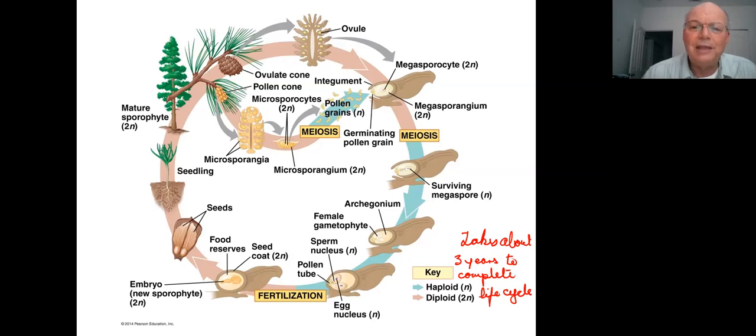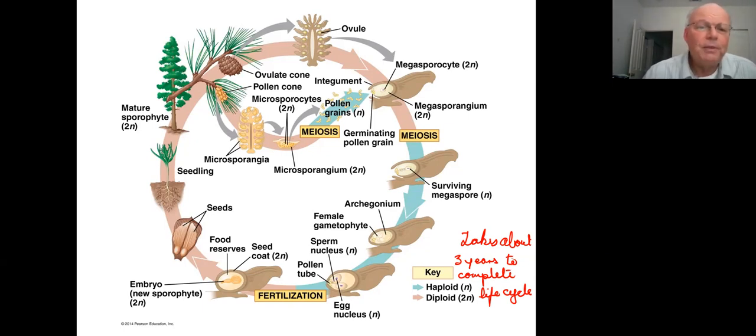Within that structure, a single cell will be identified as the archegonium, which will then produce the egg cell and the haploid nucleus of the egg cell. When the pollen tube arrives at the egg cell, it fuses with the egg cell and discharges its single sperm nucleus into the egg cell, and fertilization takes place. That marks the end of year 2.